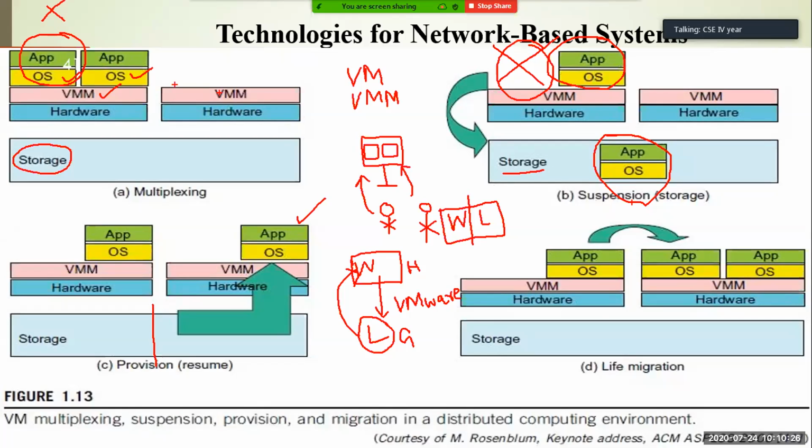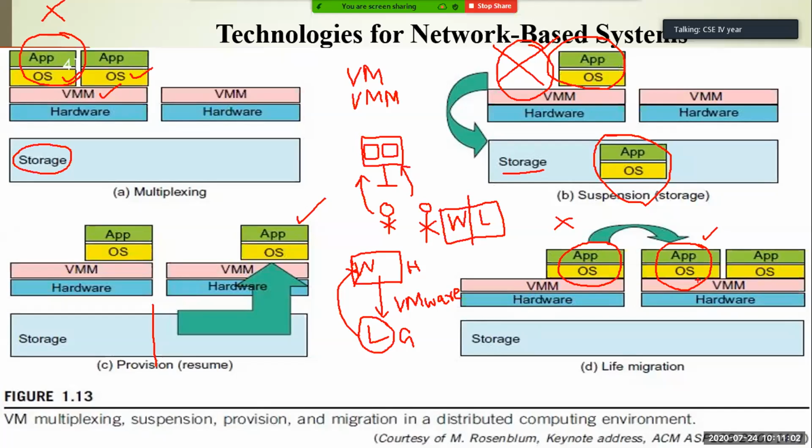Similarly, you can migrate also. Like you know that whenever you are changing a particular university, the university gives you a migration certificate for moving from one university to another university. So if you feel that the application running here would execute much better there, because the flexibility available there is not available here, you can migrate a particular application from one virtual machine monitor to another virtual machine monitor.